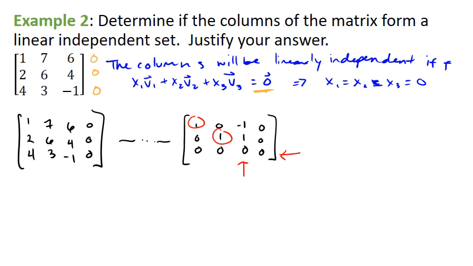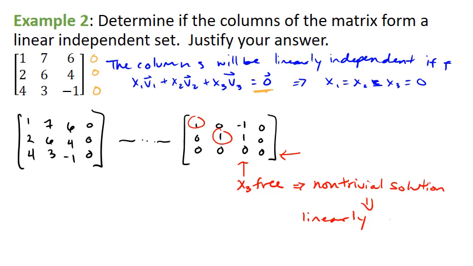This tells me that I have a free variable. This is telling me that x3 is free. So if I have a free variable, this tells me that there is a non-trivial solution. If there is a non-trivial solution, this tells me that the columns are linearly dependent. And that concludes this example.